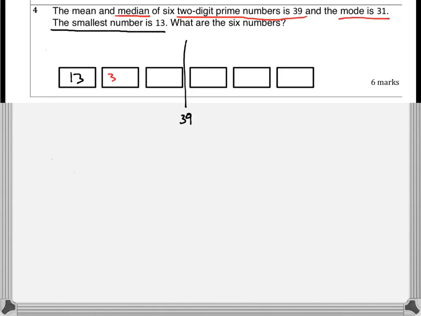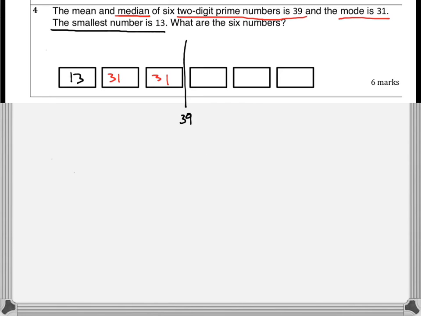So, using the information about the median and the mode, I know that the median is the middle number. So the middle number of this data set is right in the middle here. So this number here, right in the middle, has to be a 39. Now that means that the number before it and the number after it, they have to add and then divide by 2 to give us a 39.